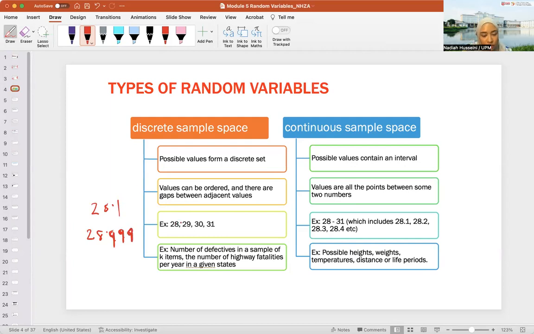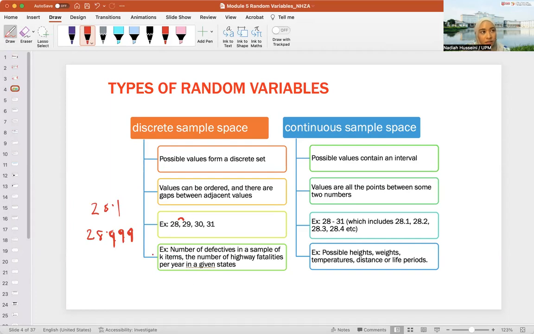Whenever we have gaps between our outcomes, it is a discrete random variable, or our sample space is discrete.